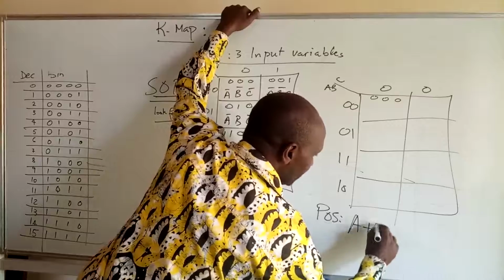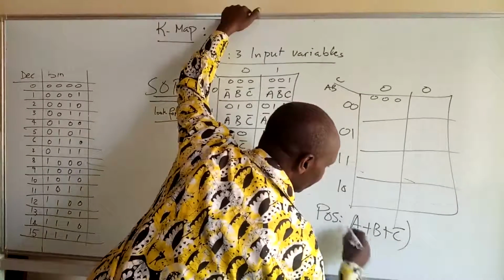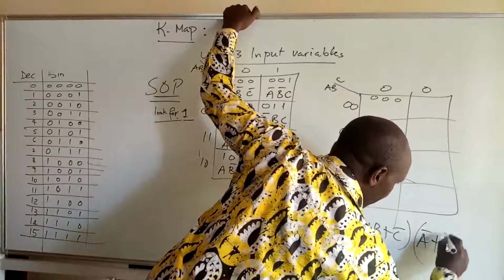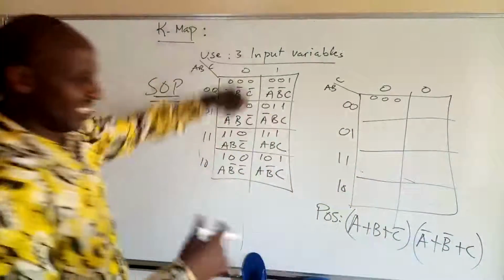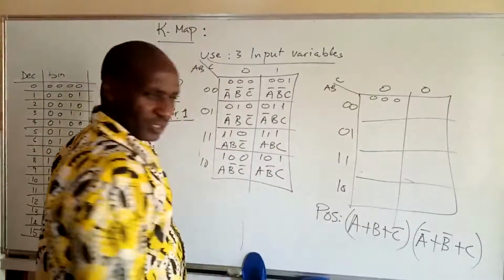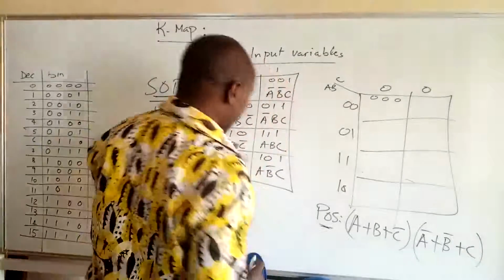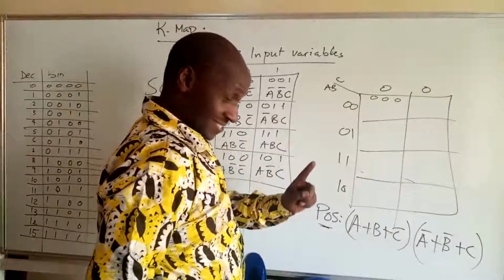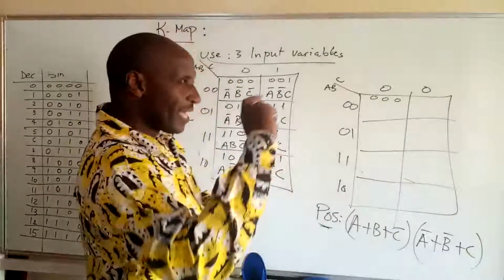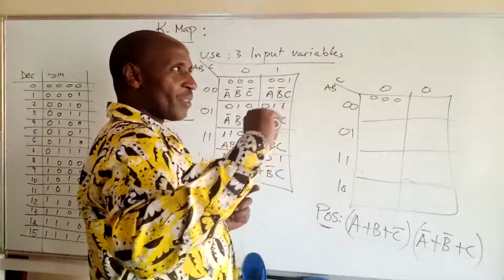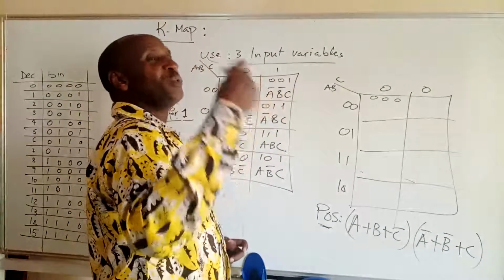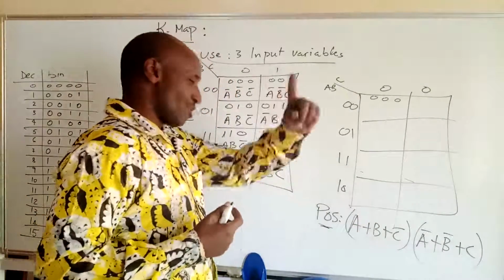A plus B plus C. Example, another term: A bar plus B bar plus C. Just as an example. Now, what are the values? Remember, a POS is a NOR-type gate, where we will have the unique output, and the unique output is a 0.